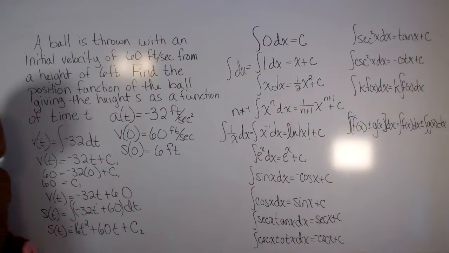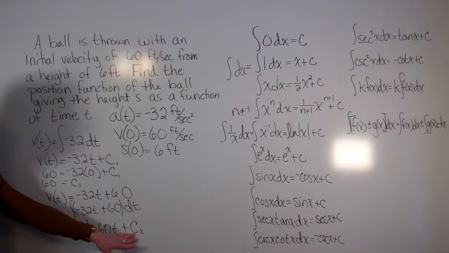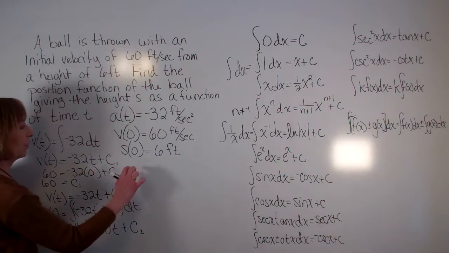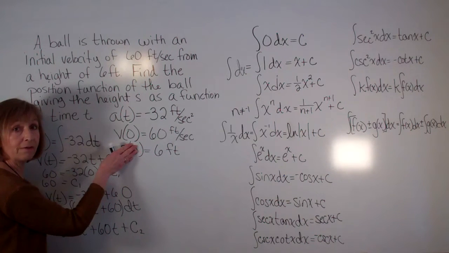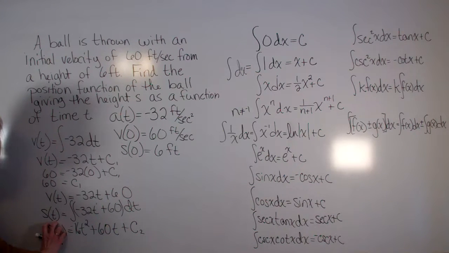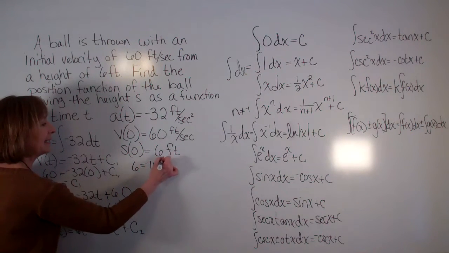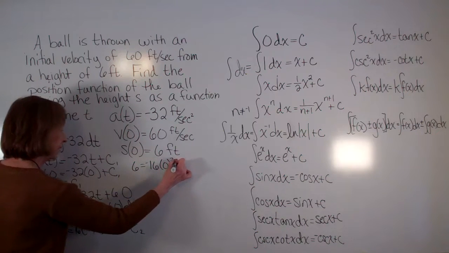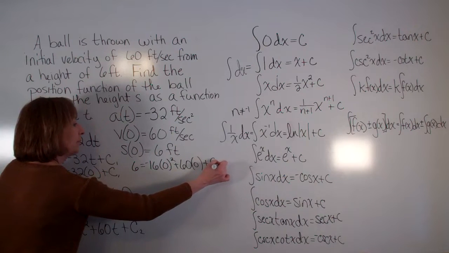Now I'm going to use the initial information from the position setup to find my constant term for this stage. So again, I'm putting 0 in for the t's, and the output of the position is 6. So 6 goes on the left side and 0 goes in for the t's. So 6 is equal to negative 16 times 0 squared plus 60 times 0 plus c sub 2.